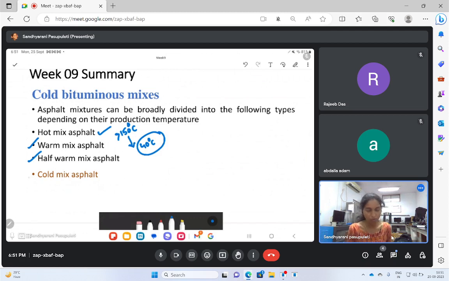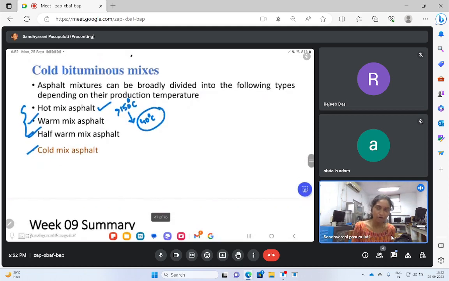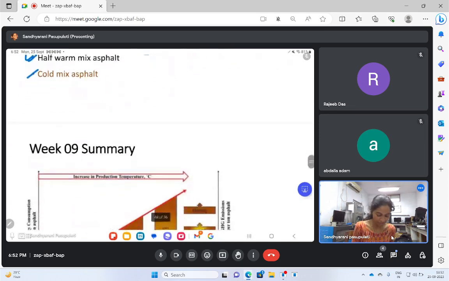And when it comes to the cold mix asphalts, the temperatures are extremely lesser than the other three methods. The main advantage is especially the sustainability, where we do not want to use higher energy consumption to heat the aggregates or binders, but still we want to have better workability.